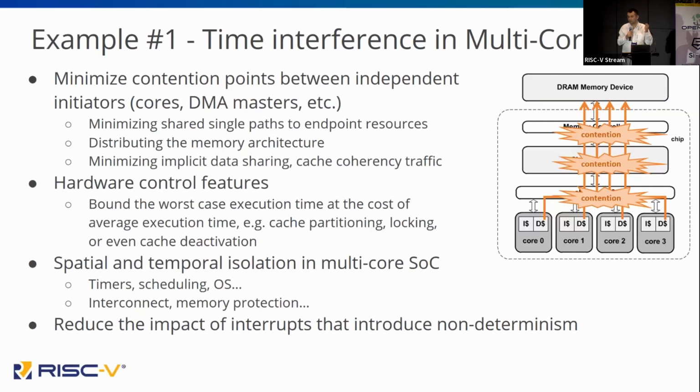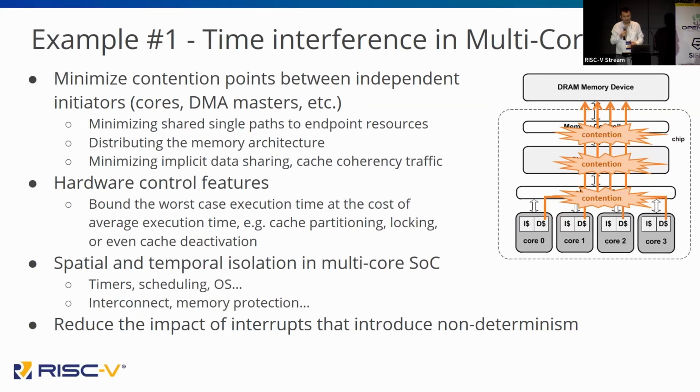You cannot wait for 1 or 2 seconds because your car radio will be uploading something in the meantime that would occupy the bus while you press the brake. So in the figure you can see that we can have many contentions between different initiators, and we would like to control them, to minimize them, or to assess them, but to keep them under control.